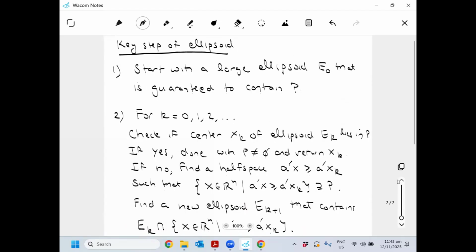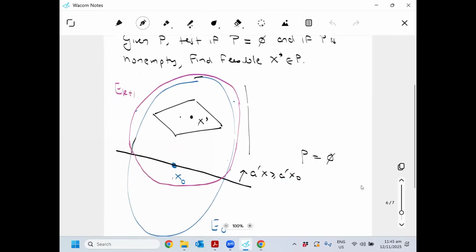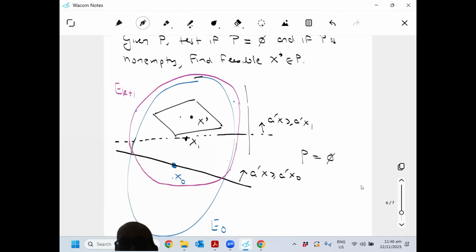So what this algorithm will do next is, maybe we are lucky, or maybe we're not lucky, maybe this is x1. So again, you create a hyperplane which separates x1. Maybe it's not in this direction now, but the hyperplane might be in this direction. This is now a half space, a transpose x greater than or equal to a transpose x1.